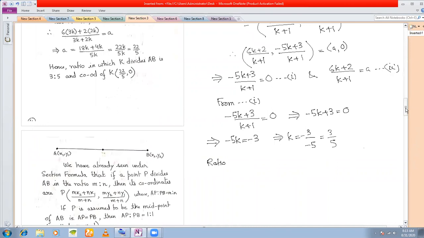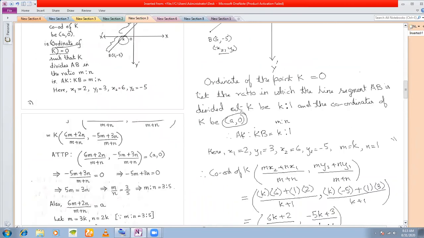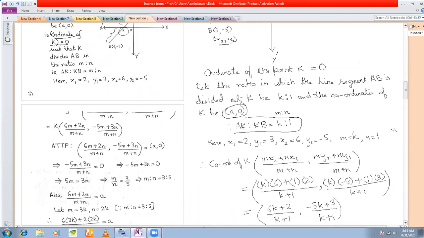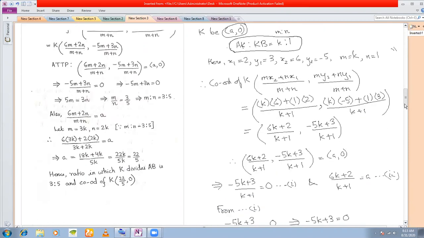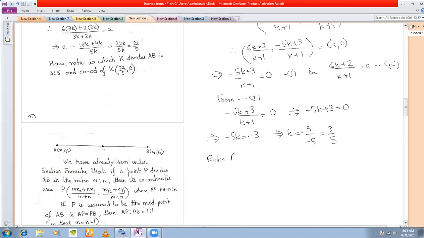The ratio AK is to KB is k is to 1. The value of k we have got is 3 by 5. So the ratio is 3 by 5 is to 1, which means 3 by 5 divided by 1, which is 3 by 5. So therefore the ratio is 3 is to 5.